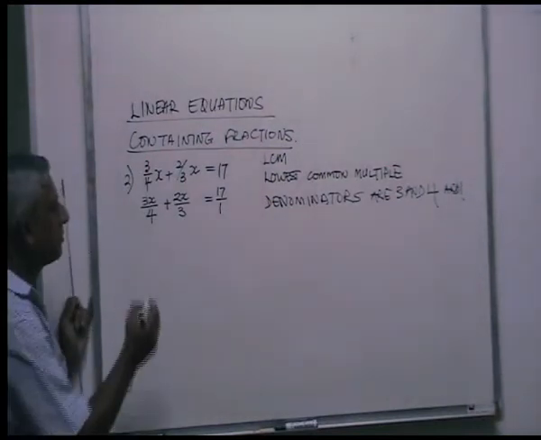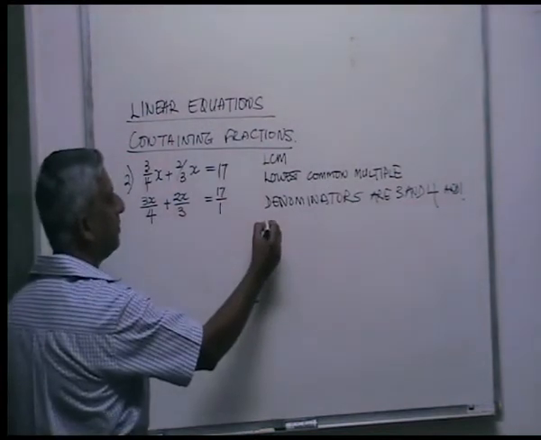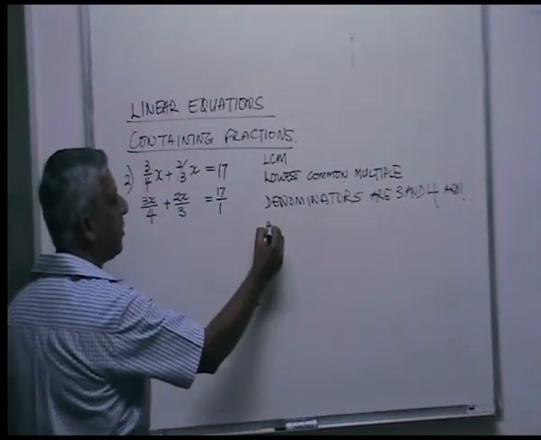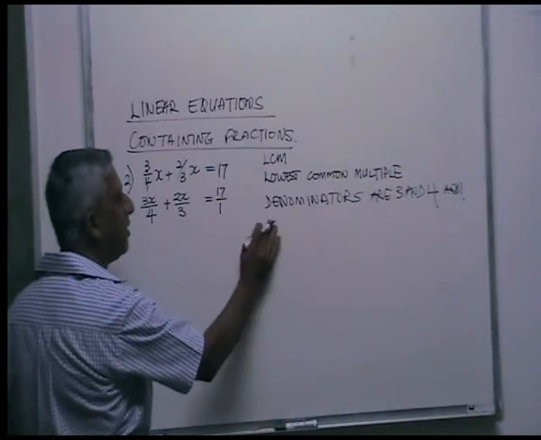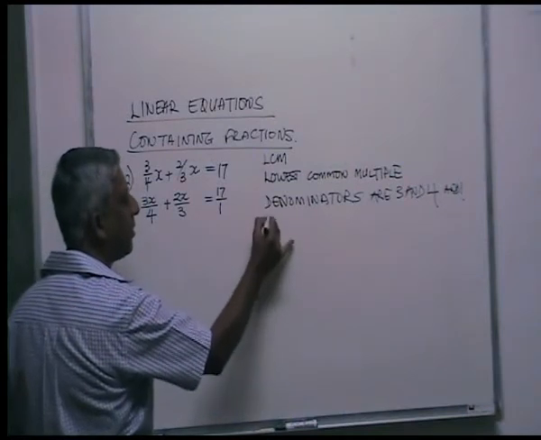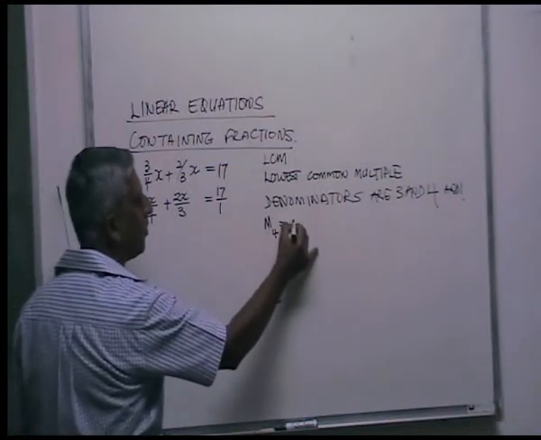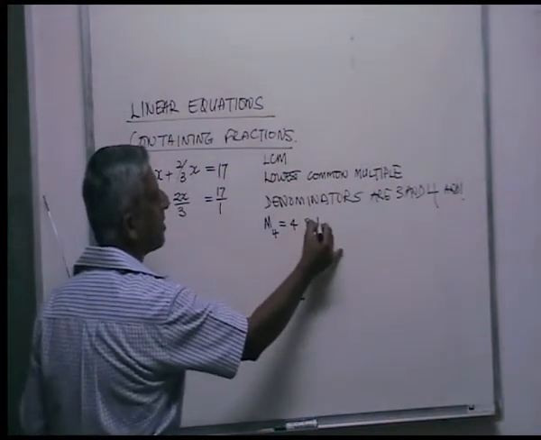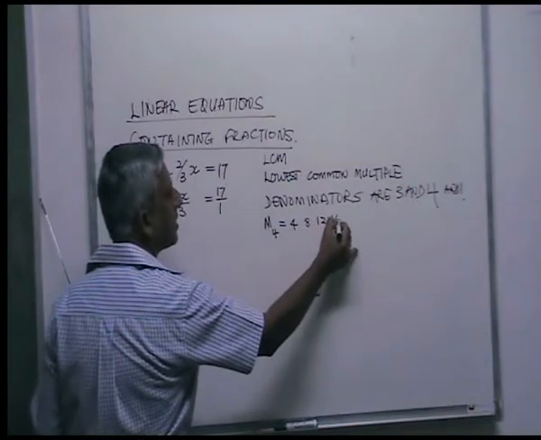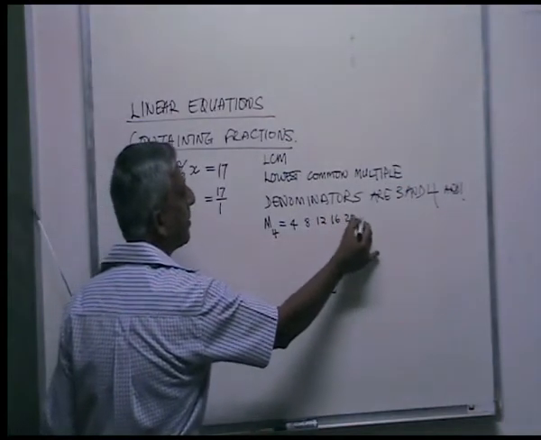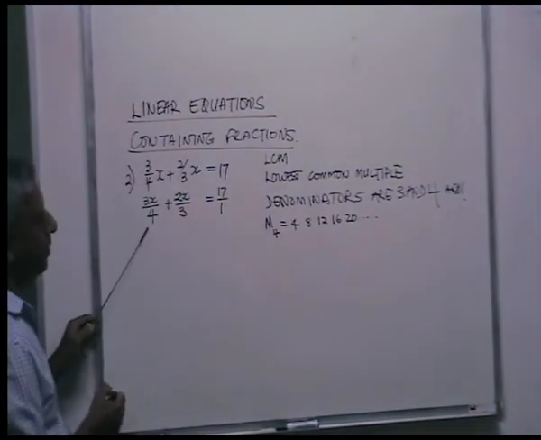So what you do, you take 4 and you find the multiples of 4. You write multiples of 4 is equal to, and you count in 4s. So you get 4, 8, 12, 16, 20, and you can carry on like that. So you took 4.